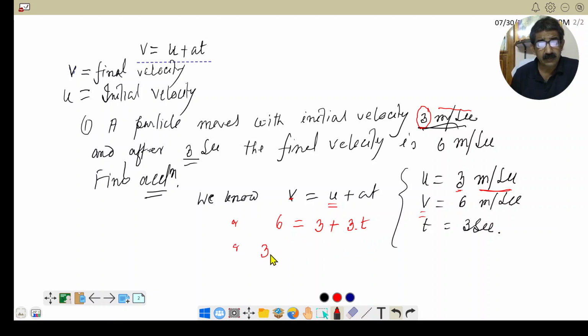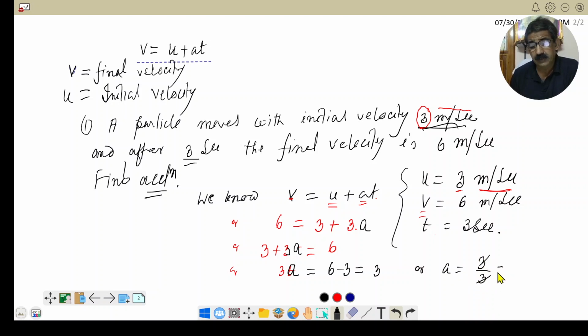By interchanging, 3 plus 3a is equal to 6, or 3a, the value of t is given, this will be a. 3a is equal to 6 minus 3 is equal to 3, or a is equal to 3 by 3, cancelled, is equal to 1.